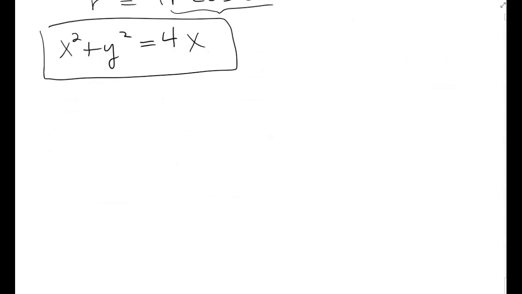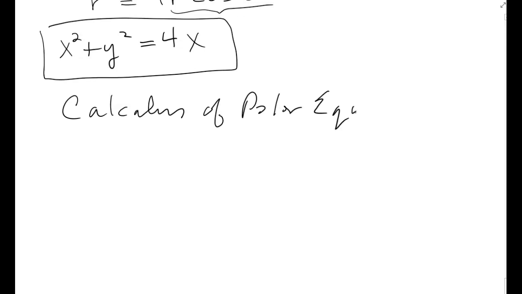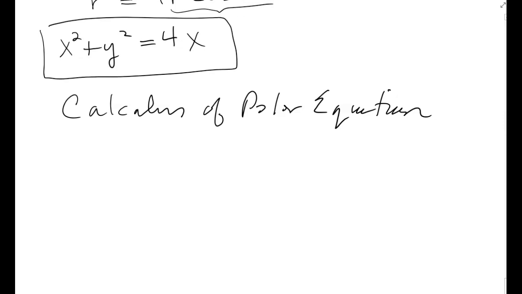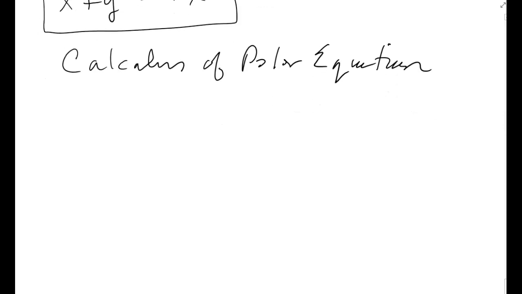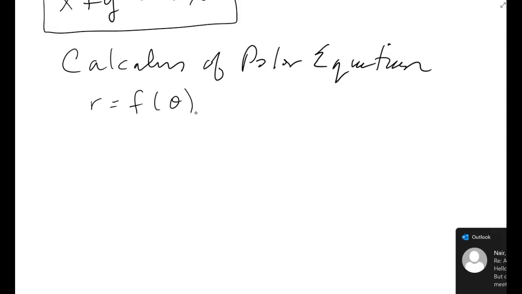So the last thing is called the calculus of polar equations. Okay, so to start this, we know that r equals function of theta. That's just how you write function, just to do our function notation for coordinates.